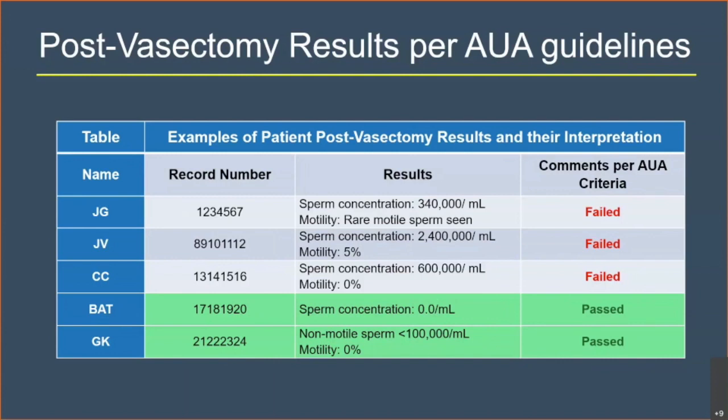If you examine the last two sample results, you see that they have passed, because sample number 4 had azoospermia, sperm concentration of 0.0, and the last sample had non-motile sperm less than 100,000 per ml. So the criteria is to have less than 100,000 non-motile sperm, and this will pass the test per the AUA guidelines. Next slide.